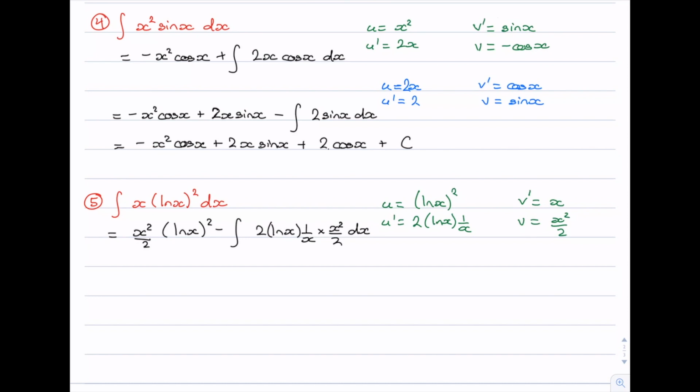Alright, now before we try to choose our u and v dash for this integral, let's actually do a bit of cancelling. 2 divided by 2 will cancel, and this x will cancel with one x there. So what we're left with, well, we still have this bit at the front, but in our integral we're left with x times log x.